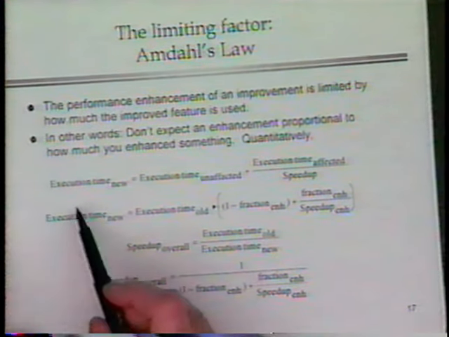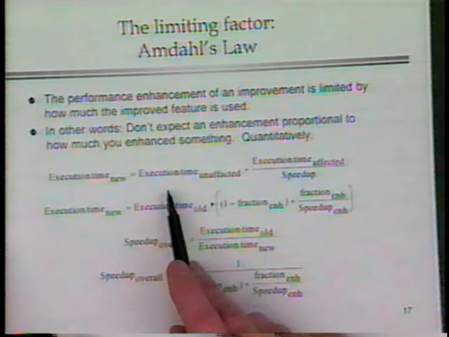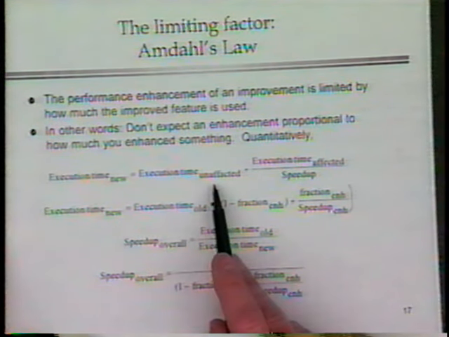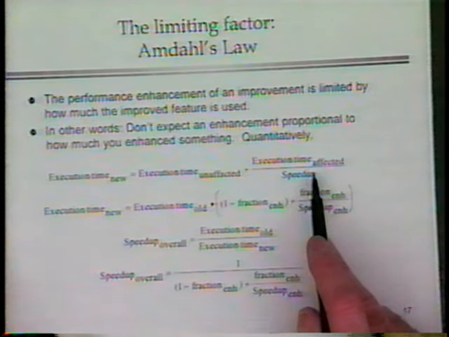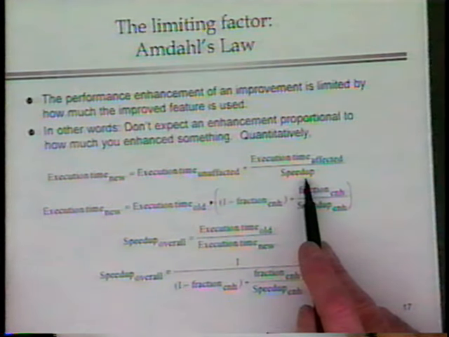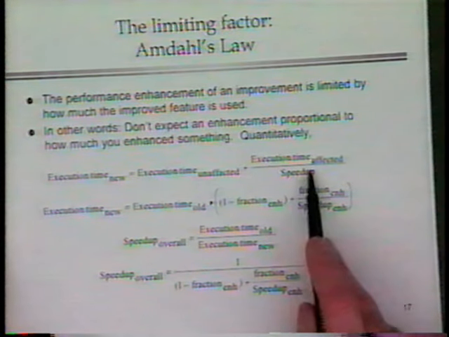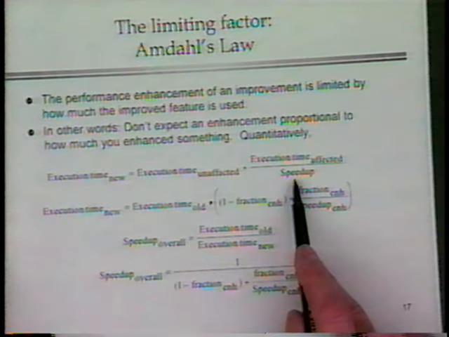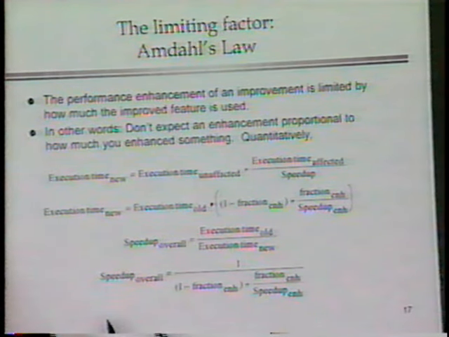The new execution time of the computer that you've just added this enhancement to is the sum of two parts. It's the execution time that is unaffected by this whiz-bang feature that you just added, plus the execution time of the part that is affected divided by how many times you sped it up. So if you speed up multiply by a factor of 8, then the amount of time that multiply was being done divided by 8 is how much it's now taking, but the other stuff is unchanged.